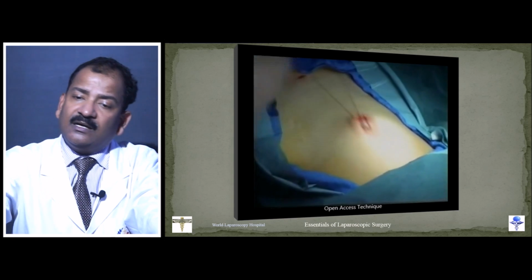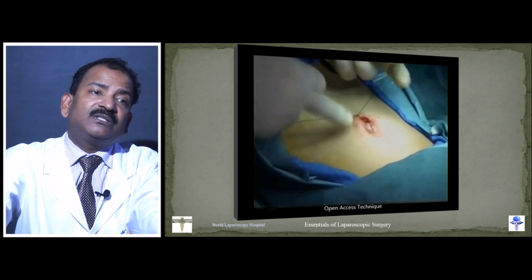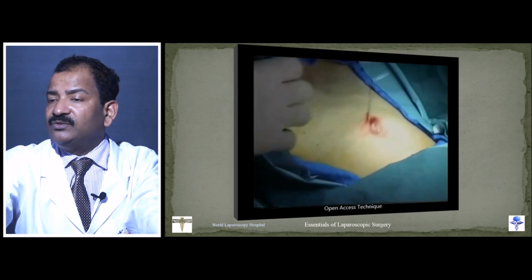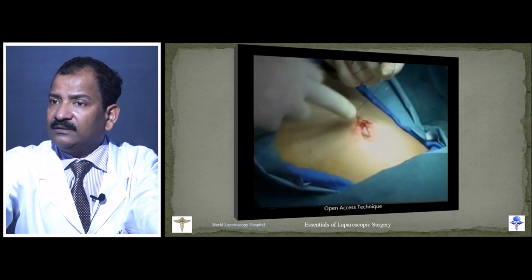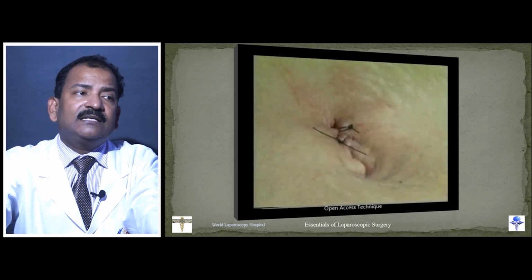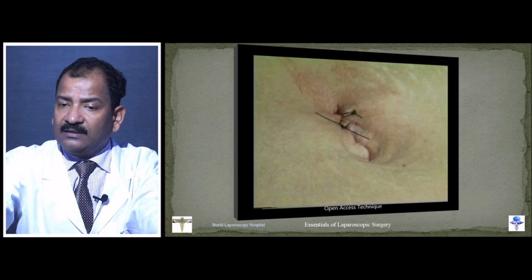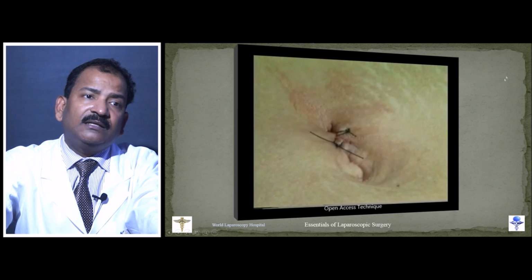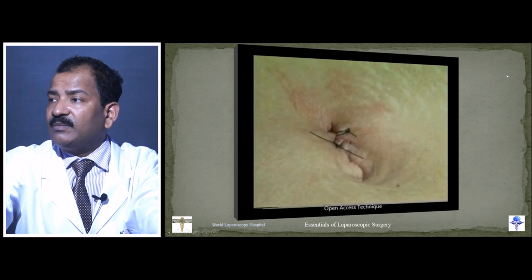So, this is the same suture which was used to lift the rectus, now used to close the rectus at the end. This is called Hassan's technique. If you do not close it, hernia is unavoidable. In approximately 10 to 20% of cases hernia will develop.